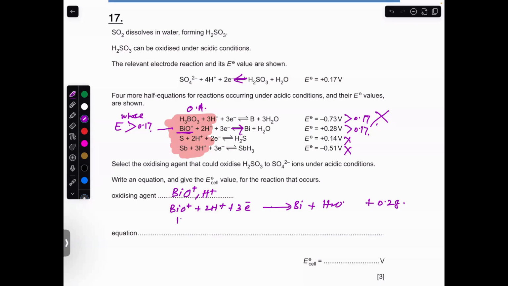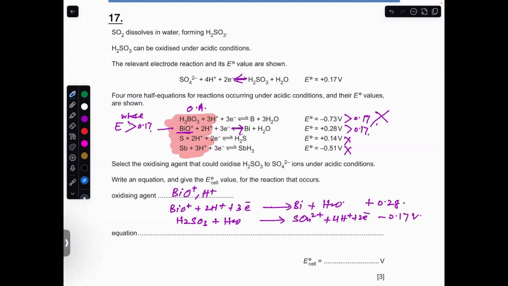And the one which I'm going to flip is H2SO3 plus water to SO4, 4H plus, 2 electrons, minus 0.17.